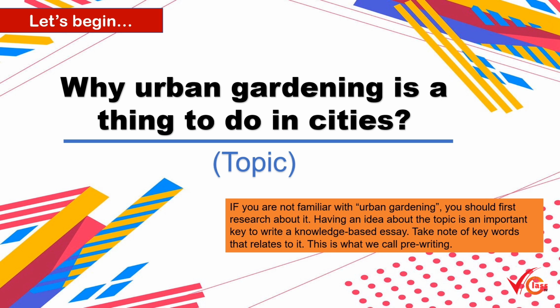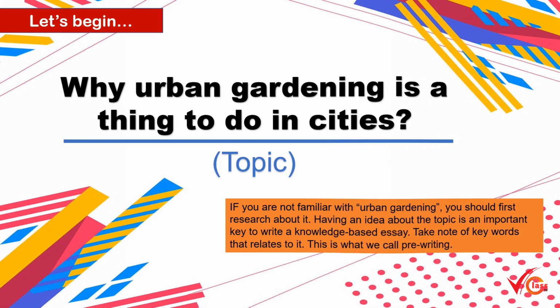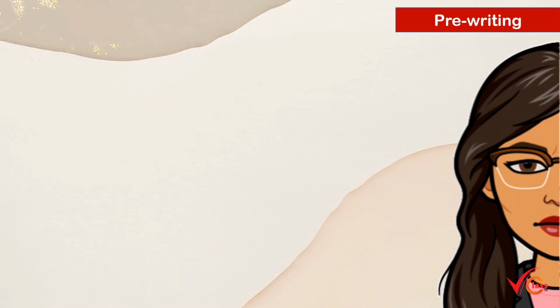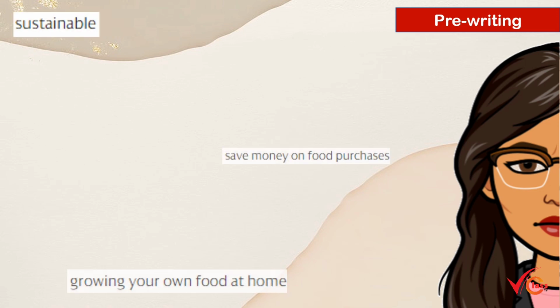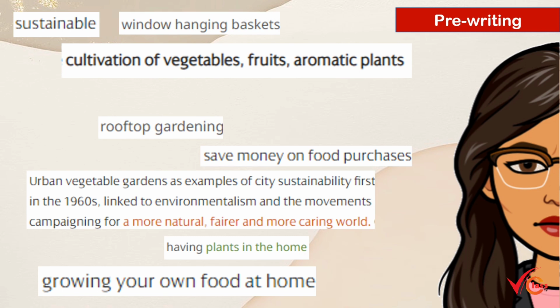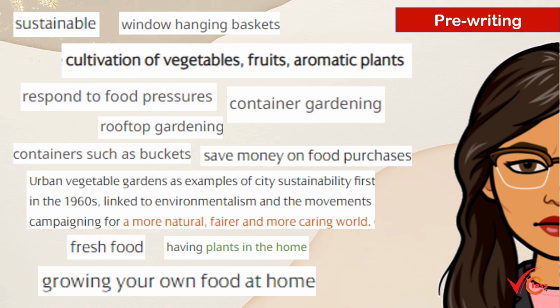Take note of keywords that relate to it. This is what we call pre-writing. For the first stage, that is pre-writing, you are going to look for urban gardening, right? So this must be some of the words that will come out as you search along.